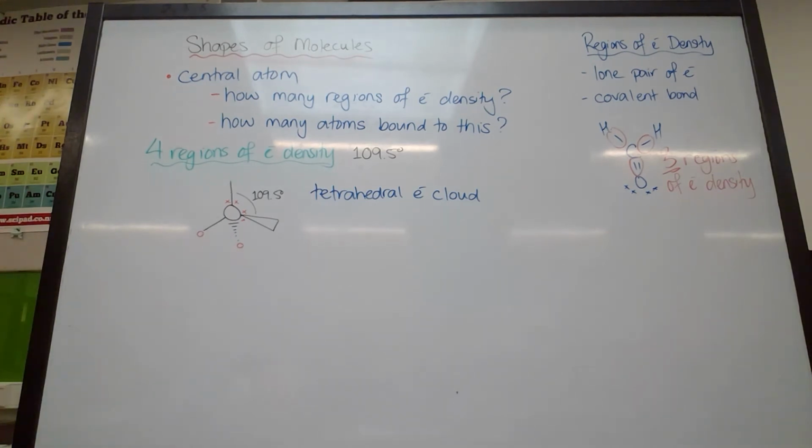So once we've got our region of electron density, we then look at how many atoms, and that tells us our shape.